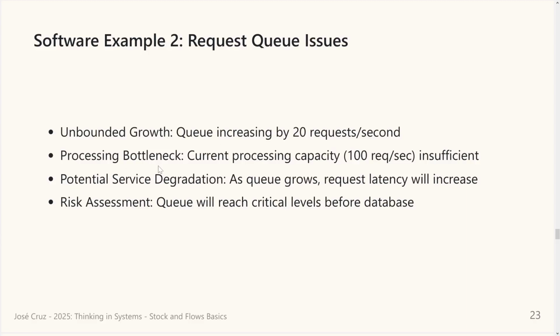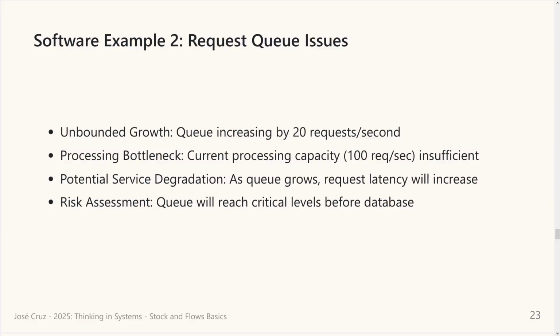So there will be a bottleneck, of course, in the current processing capacity, because our server can handle 100, but it's receiving 120, and there will be a degradation on the system, and you will start to receive those HTTP errors saying, okay, the system is not responding, some timeouts, and so on.